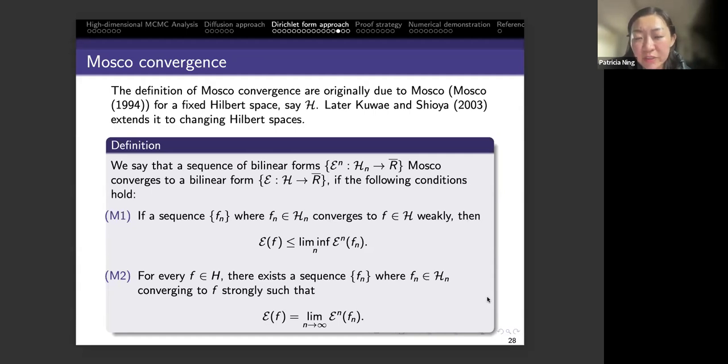M1 condition: if the sequence f_n in H_n converges to f weakly, then E(f) is less than or equal to the liminf as n goes to infinity of E_n(f_n). M2: for every f in H, there exists a sequence f_n where f_n in H_n converging to f strongly such that E(f) equals the limit of E_n(f_n). You can see here not just the E_n changing, also the argument f_n changing.